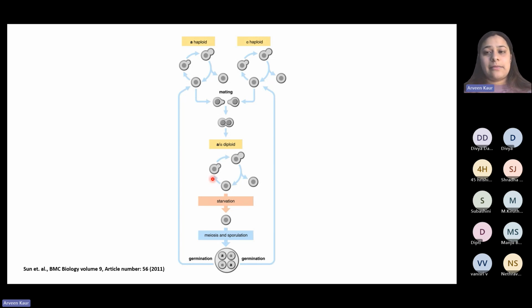But sometimes the conditions are not favorable anymore, right? The nutrients that it required for this asexual reproduction are now not available, right? So if it doesn't reproduce and something happens to this existing yeast, then probably it will die, and it could happen that yeast in general die, right? So that is not what happens.